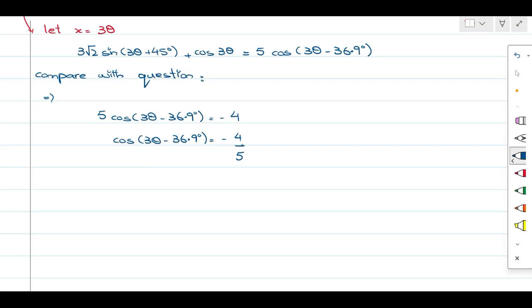Now cos is negative, right? So we need to check in which quadrant cos is negative. If I draw the coordinate diagram, in the first quadrant all trigonometric ratios are positive: sine, tangent and cos are positive.